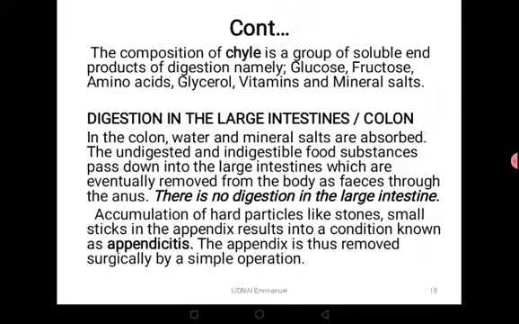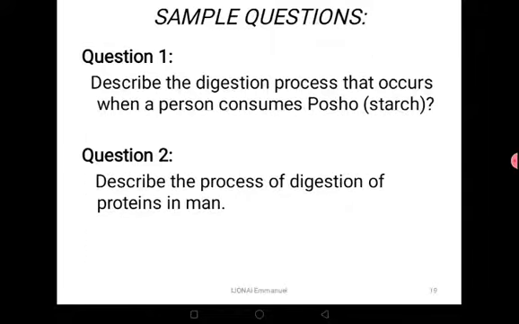I see people chewing mairunji, chewing what? These are things which cannot be digested. So you are actually putting yourself at risk of, in the long run, maybe suffering from appendicitis. I don't want you to suffer from that. Yes, so be good students and eat what you are supposed to eat.